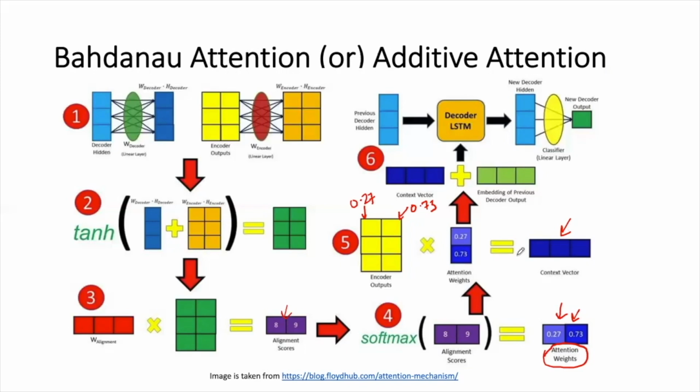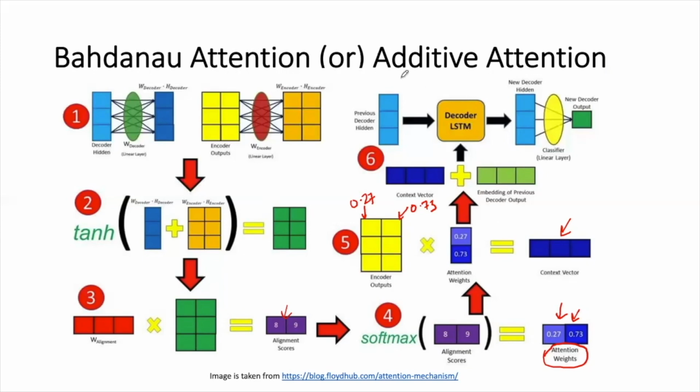As you can see, we have many addition operations. Whatever interactions we have between the decoder hidden vector and the encoder hidden vectors are in the form of addition. We added up here, and then we generated the output. That's why this attention mechanism is called the additive attention mechanism.